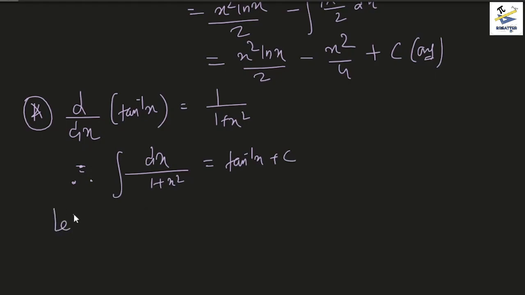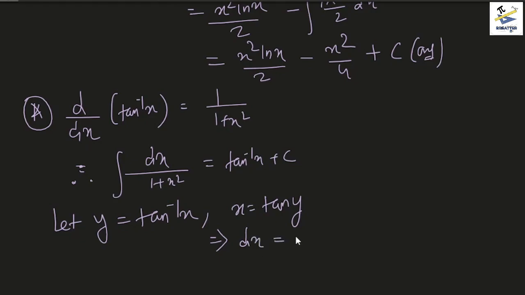Okay, so let y equal tan inverse of x, then x should be equal to tan of y, right? And what we are trying to find is dy by dx, so let us see how to find that. The derivative of tan y is sec square y, if you remember it from the derivative section.